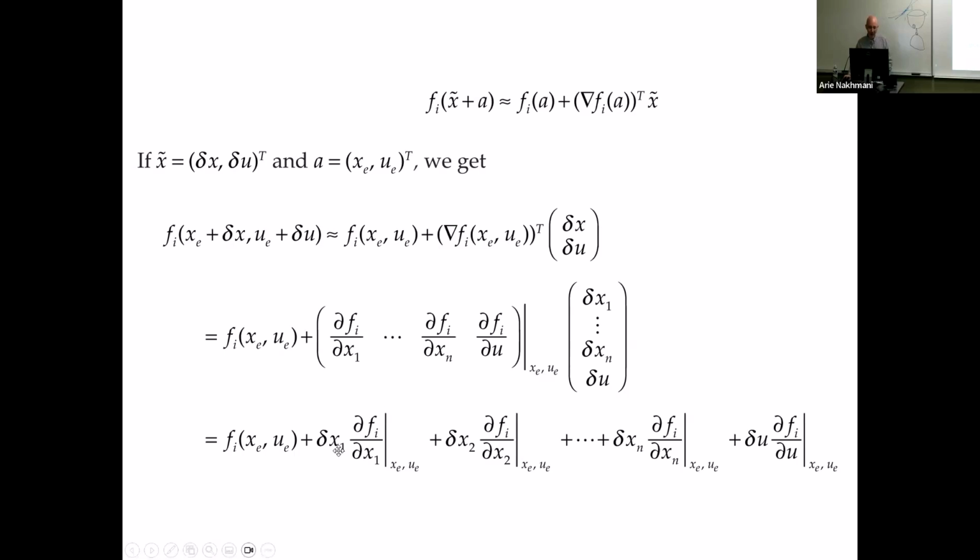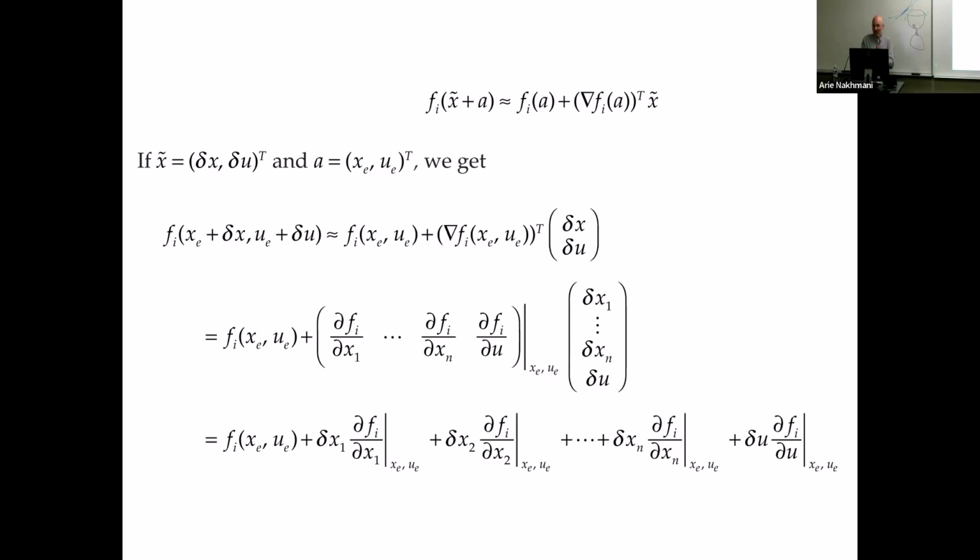And these are constants, because you compute them at a particular point, right? X equilibrium and u equilibrium are constants. So you compute the derivative value at a particular point, which gives you some number, right? It's like the slope here at that point for one dimension. But if you have more dimensions, you have multiple slopes at that particular vector point in n-dimensional space.